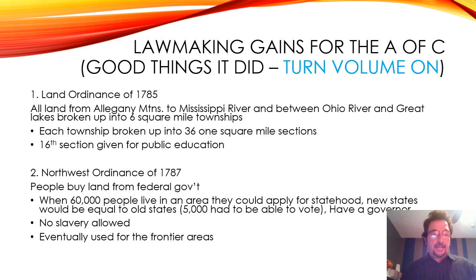The typical land price back then was $1 per acre. And the typical farm was probably about, I don't know, a quarter of that, 160 acres off the top of my head. So that's all that.